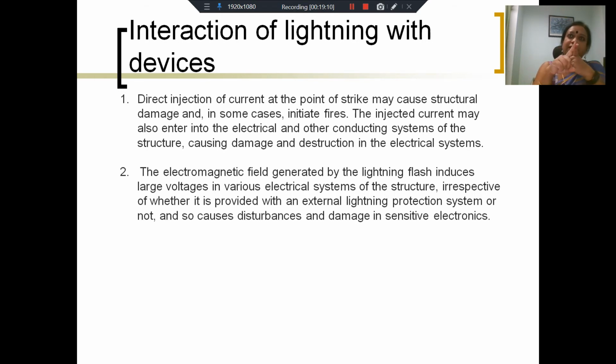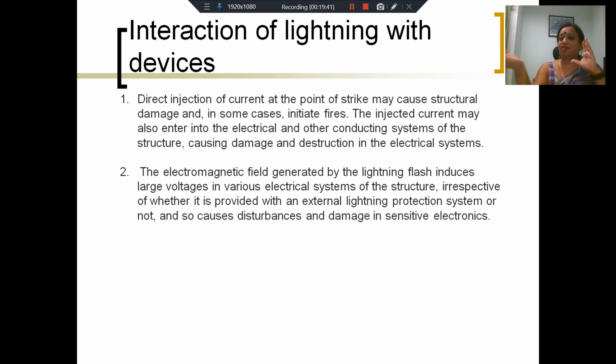So probably the stroke is occurring to some other structure, not the structure that we're interested in, but it is in the vicinity of the structure. Now, because of this lightning strike and because of this high current flowing, there will be a very large electromagnetic field generated. And this electromagnetic field generated by the lightning flash will spread all around, and it will induce voltages in conducting structures.